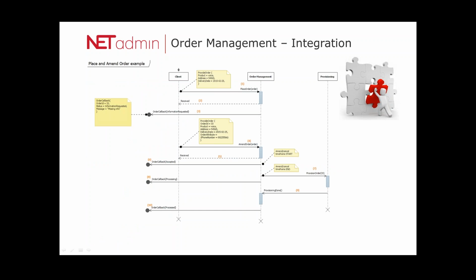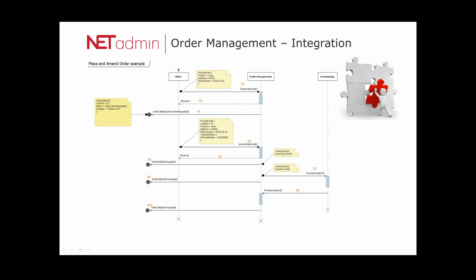So to bring this up to a more high level again, typically when you start doing integrations with NetAdmin, it's a very good idea to start doing some kind of integration flows to try to scope what type of flows you want to support and what type of products and types of order that you want to support. And this example here is an example which would very well work in real life.